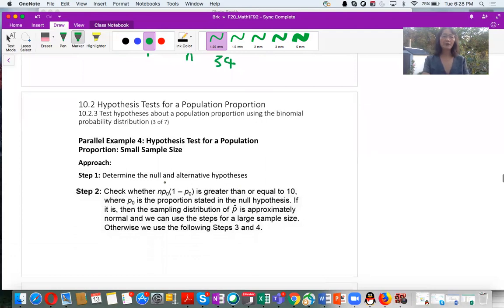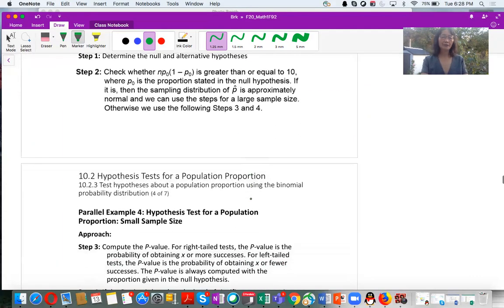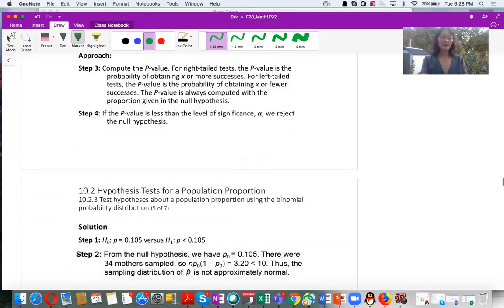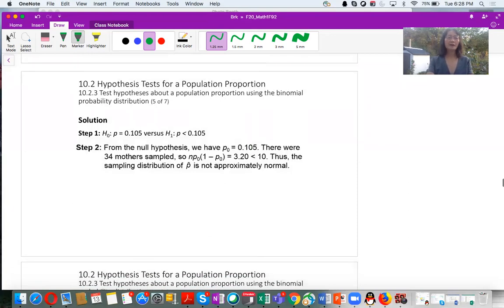Step 1, we need to determine the null and alternative hypotheses. The null hypothesis is: population proportion equal to 10.5%, versus the alternative: population proportion smaller than 10.5%.